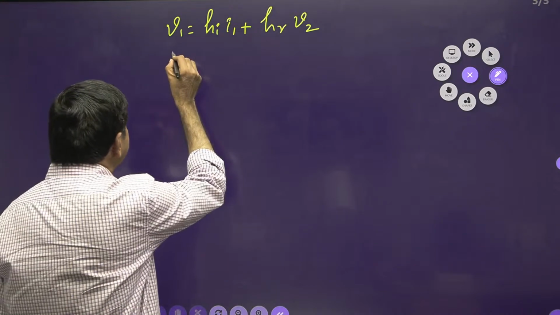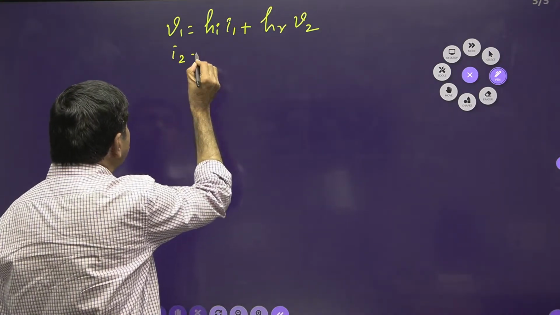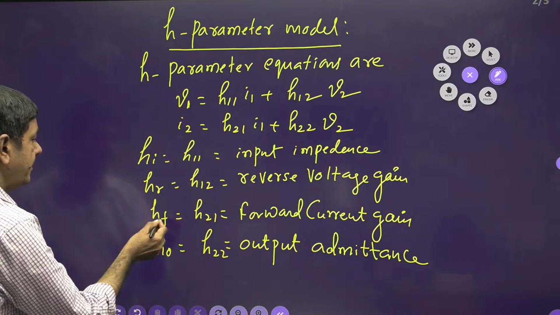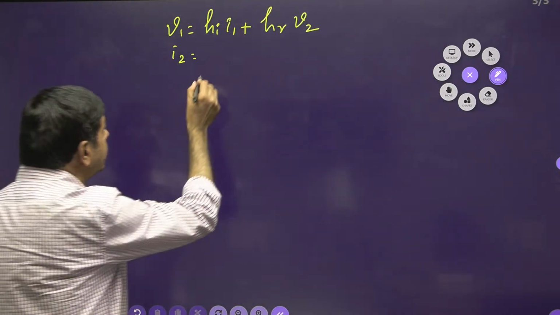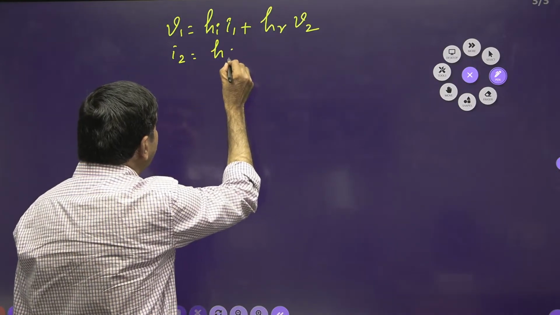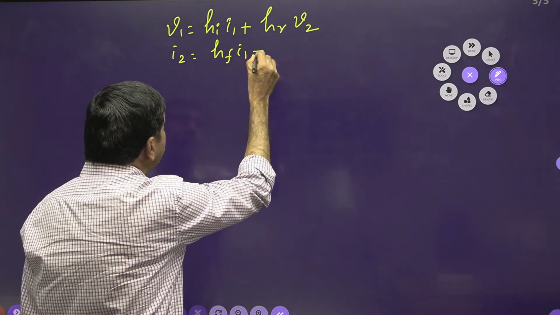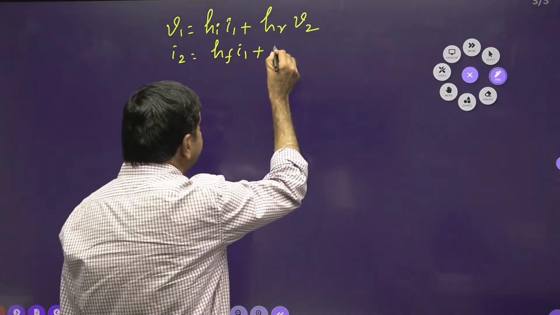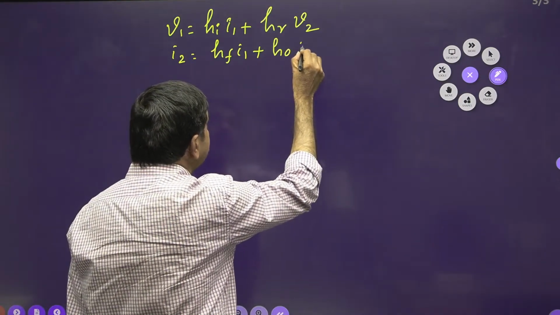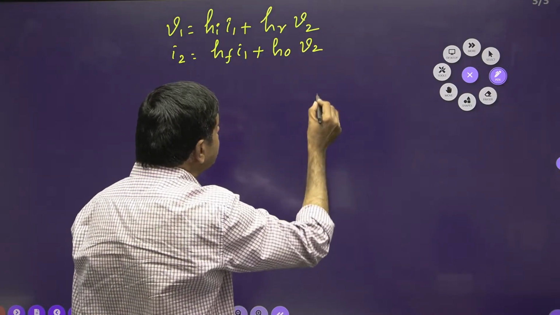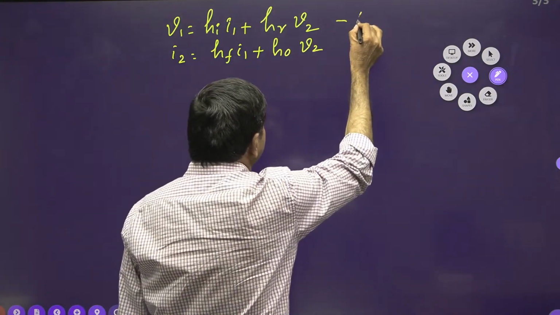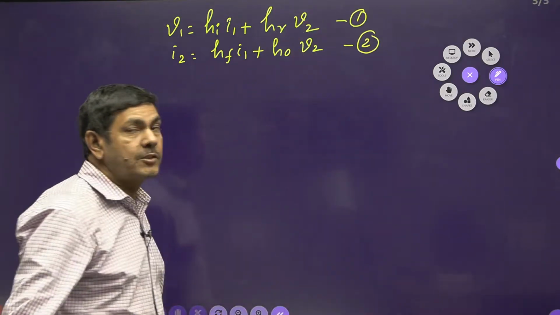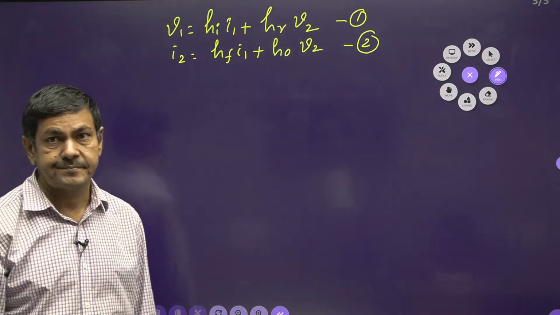And one more equation: I2 equals H21, which is nothing but HF. I can write HF into I1, plus H22, which is nothing but H0, the output admittance, H0 into V2. Yes, we got two equations like this. These are the two equations we are getting here now.